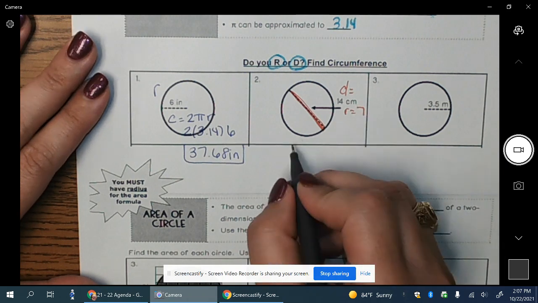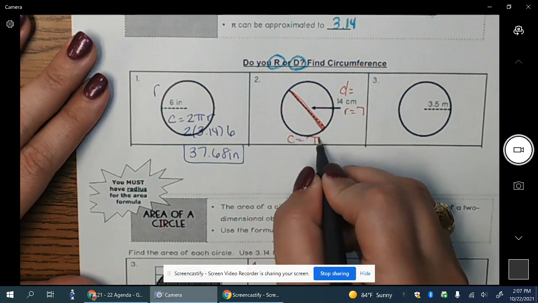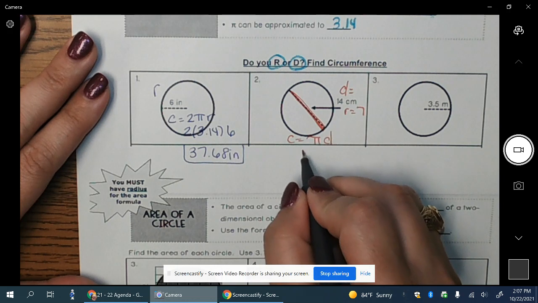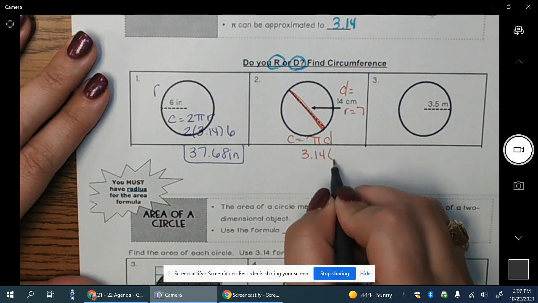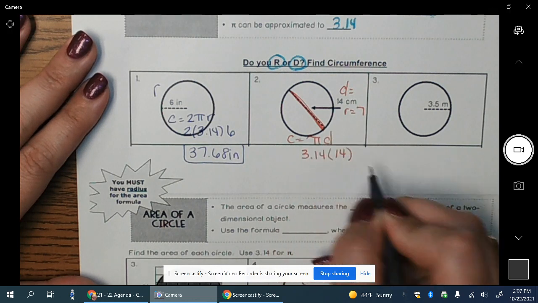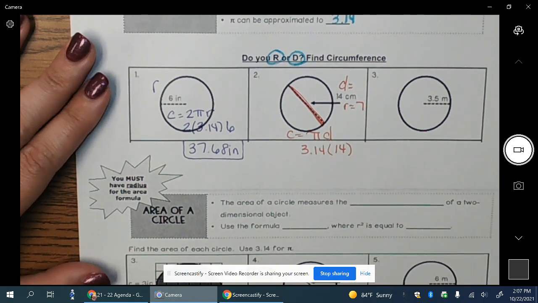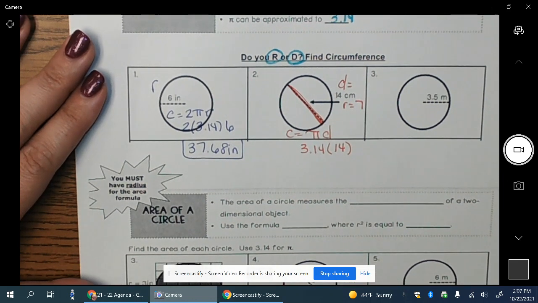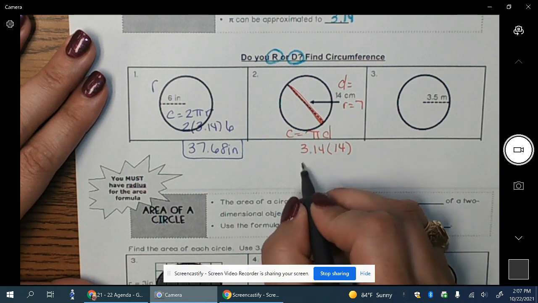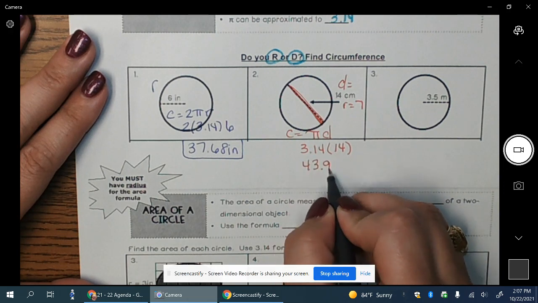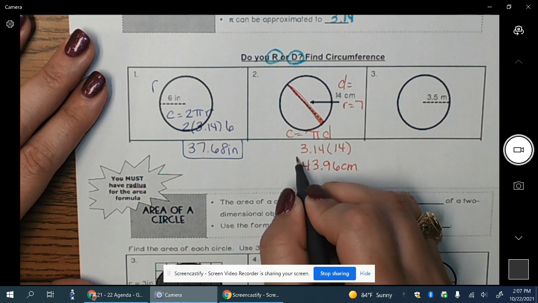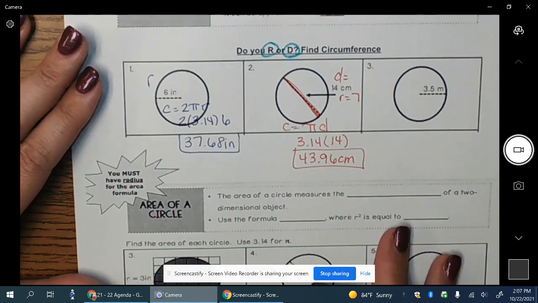So because they gave me diameter, I'm going to use C equals pi d. Pi is? Diameter is? 14. And what do you get? 43.96 centimeters.